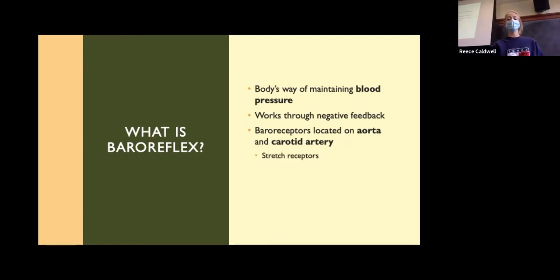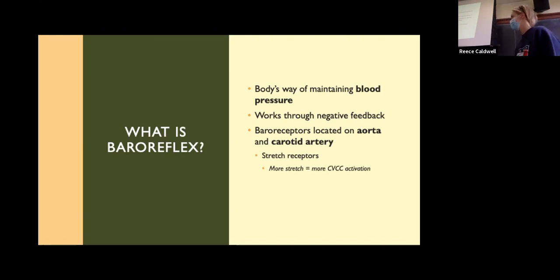Baroreceptors are a type of stretch receptor, so they work through mechanical stimulation. Whenever they detect a stretch or a shrink, that's how they work. For example, if there's more stretch in the aorta or carotid artery, there's going to be more cardiovascular control center activation.